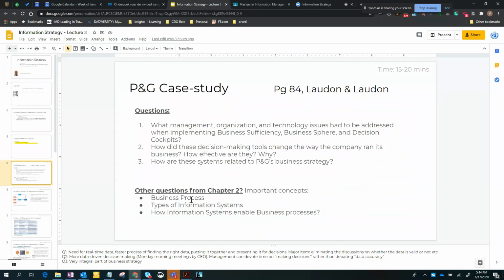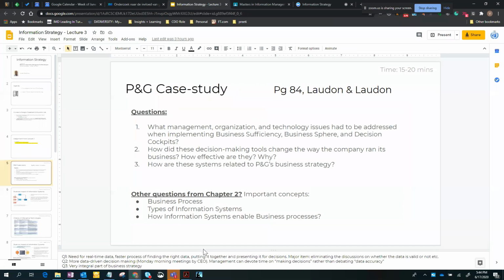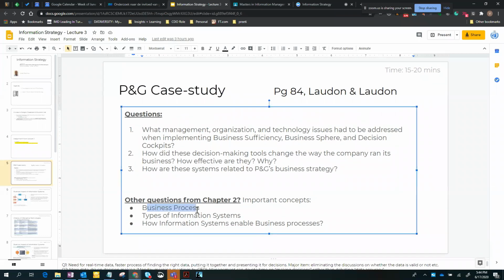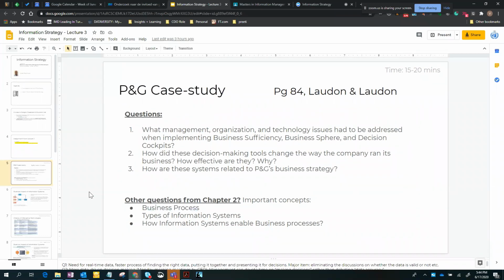Some of the important concepts from chapter 2 I've just covered are about the business process. We talked about what the business process is, and what it is that information technology will automate.